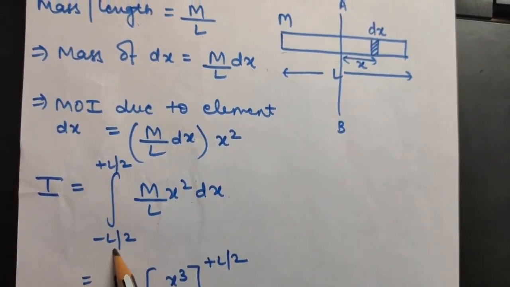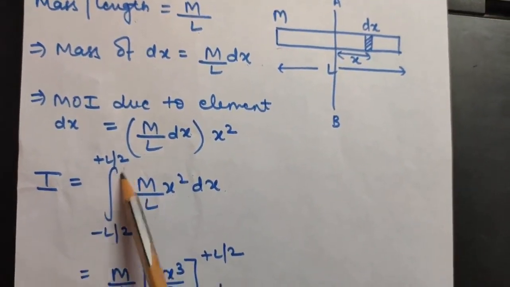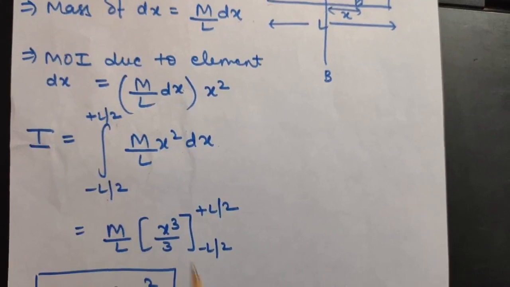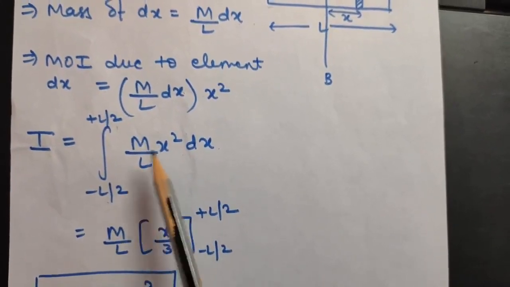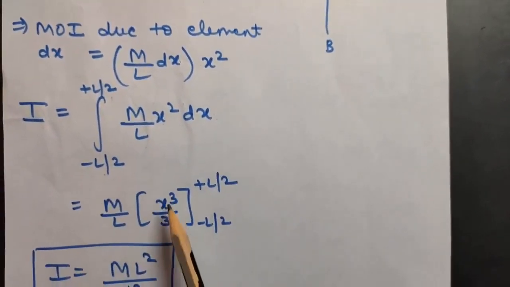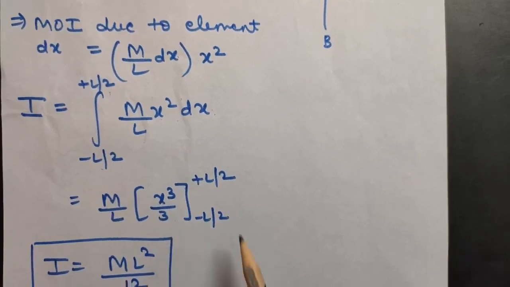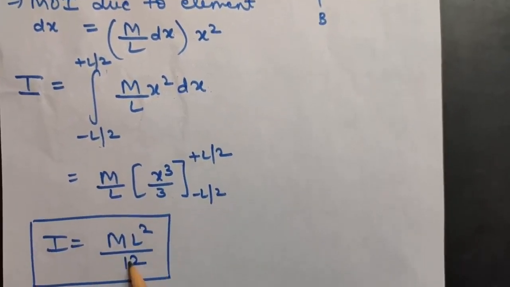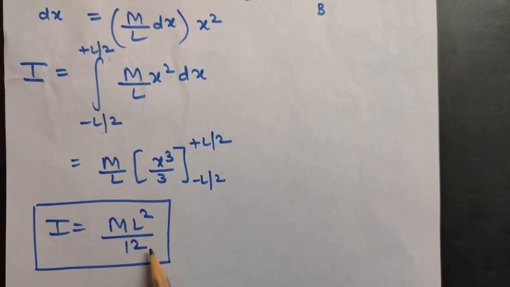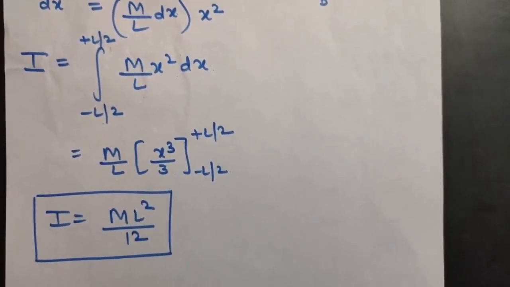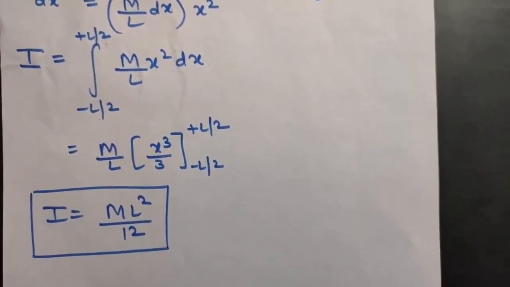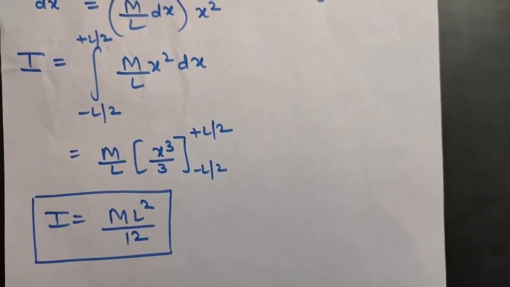So the limits are from minus L by 2 to plus L by 2. Okay. So now again m by L is constant and the integration of x square dx will be x to the power 3 upon 3. Just put the limits, you will get the answer to be ml square by 12. So this is the moment of inertia about an axis perpendicular to the rod and passing through its center.